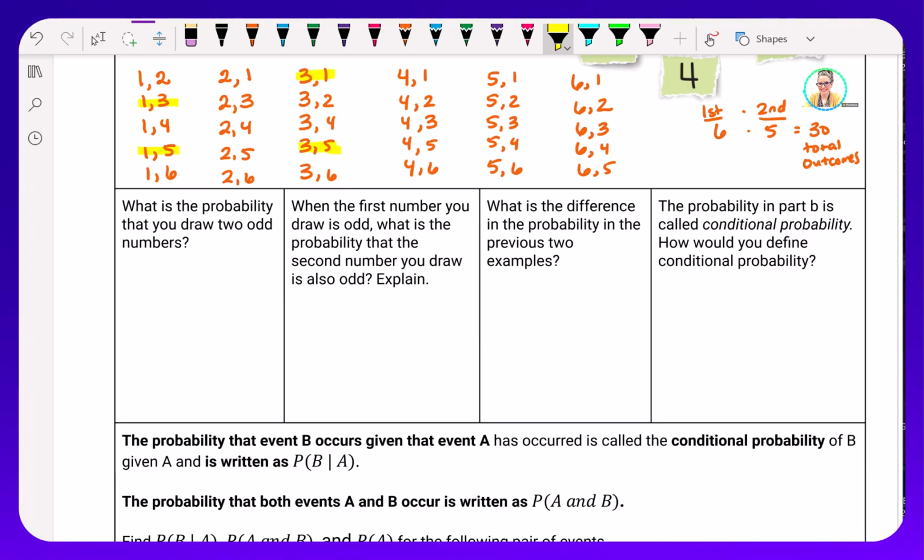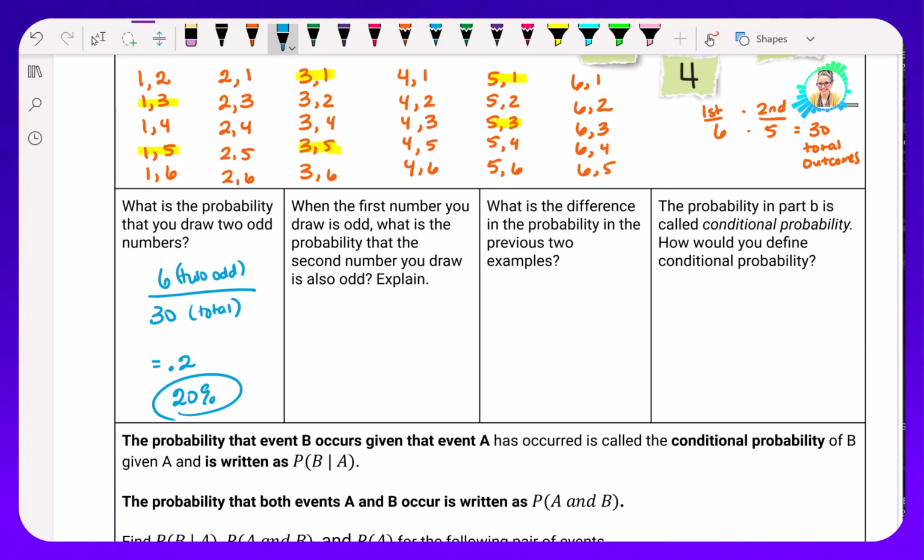That's even, odd, odd, and then that's even. Okay, so it looks like I only have 6 that are 2 odd numbers out of a total of 30, and 6 out of 30 is equal to 0.2 or 20%. So I have a 20% probability that I'm going to draw 2 odd numbers based on that sample space.